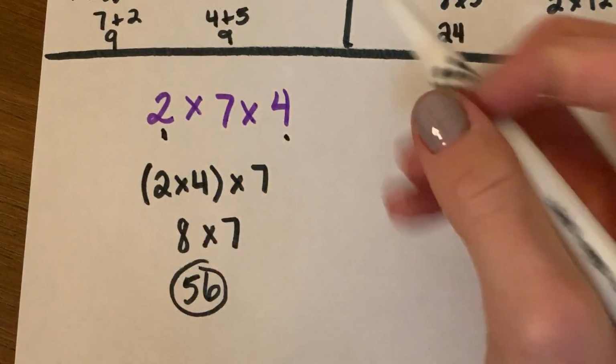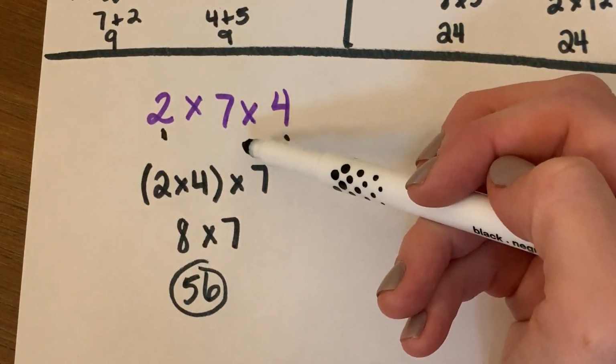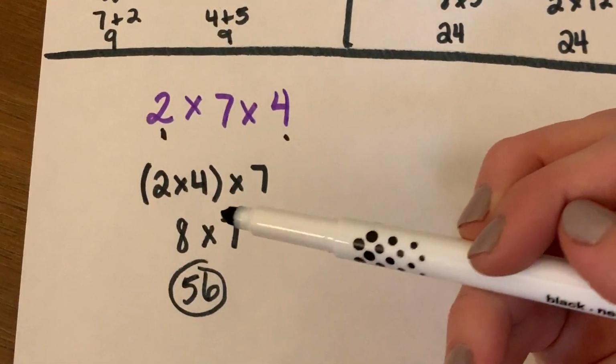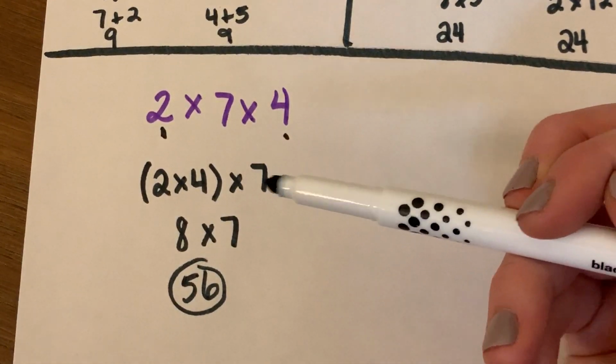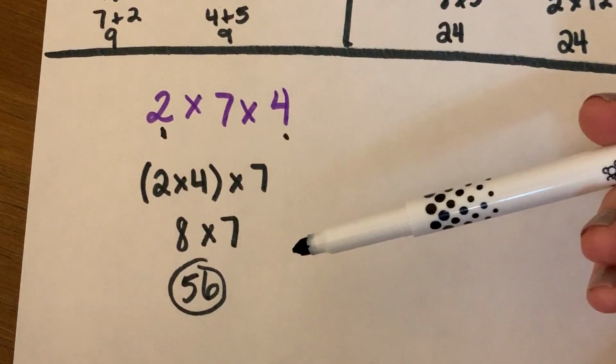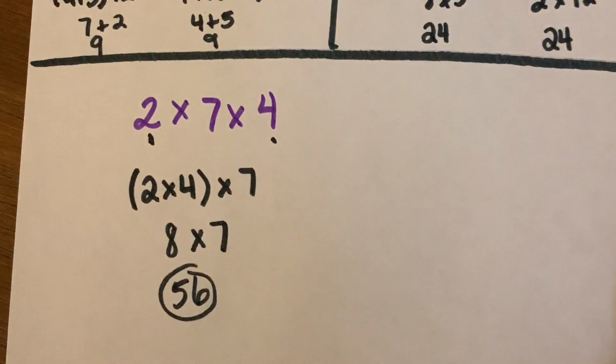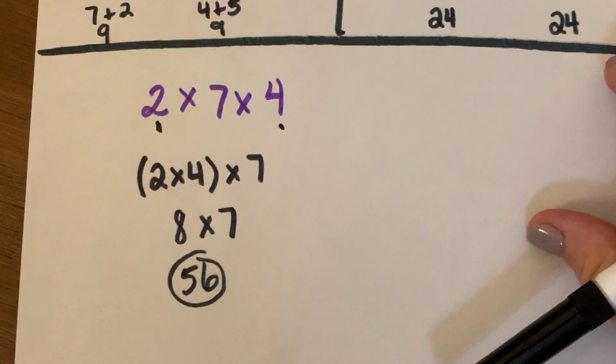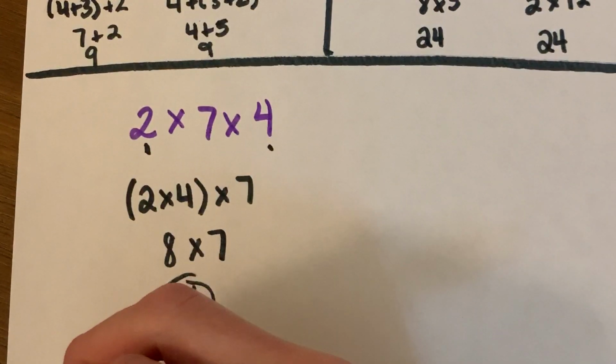I didn't want to do 2 times 7 first and have 14 times 4, because I don't know that answer. But I did know 2 times 4 gave me 8, and 8 times 7 is one of the multiplication facts that I have been studying. So I know I can do it that way.